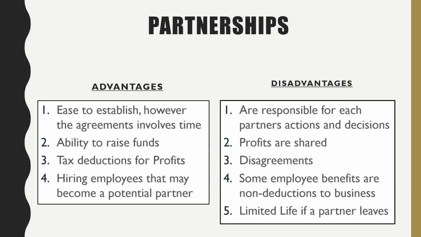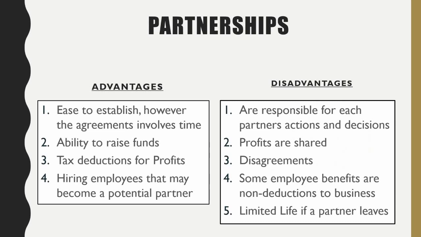So if one partner decides to do something and you agree to it, and it turns out to be a really bad decision, whether it's investing in something or upgrading something, and it just doesn't work in your favor, then you just have to assume that you're both responsible for that decision. Okay, so that's also a disadvantage, because you guys are both at fault for the bad decision.